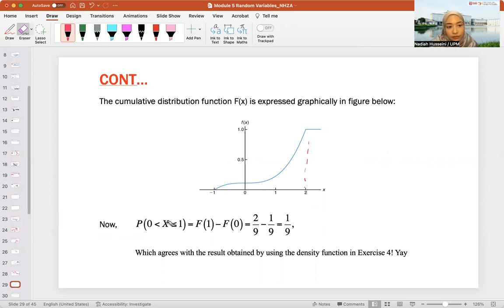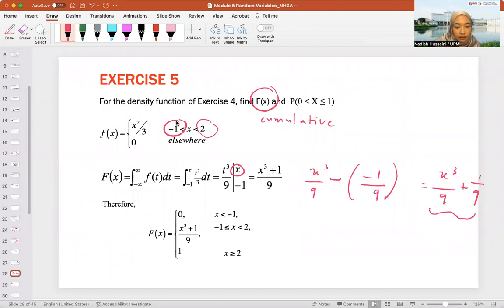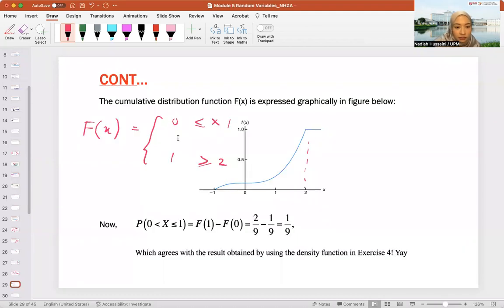Now they want us to find the probability of x from 0 to 1 using the cumulative distribution function. You already know that your capital Fx is 0 if x is less than -1, 1 if x is greater than or equal to 2, and x to the power of 3 plus 1, over 9, if it is between -1 and 2.